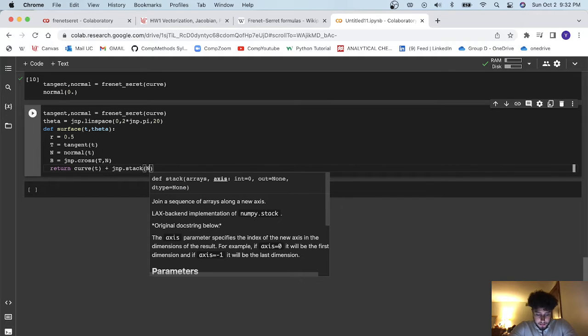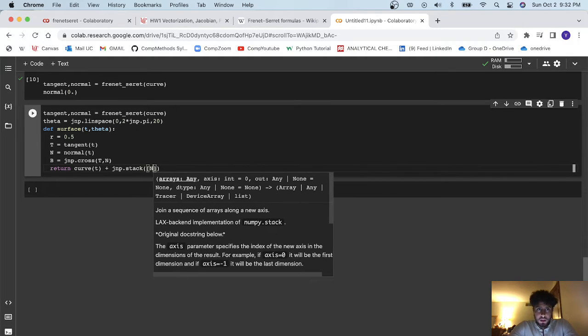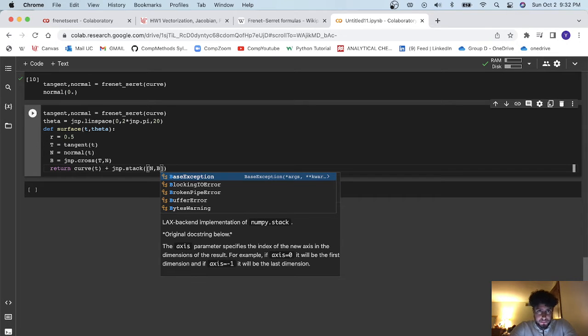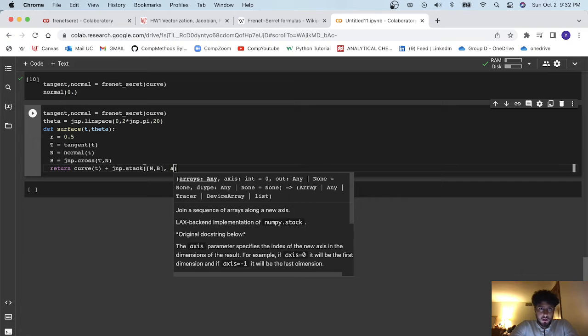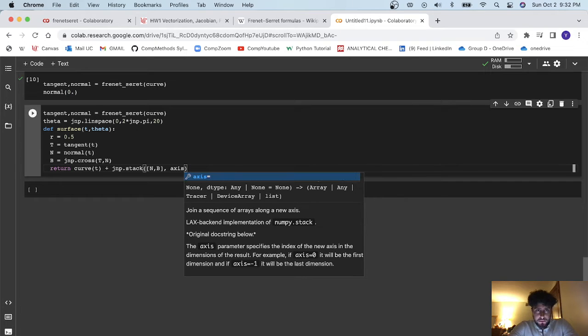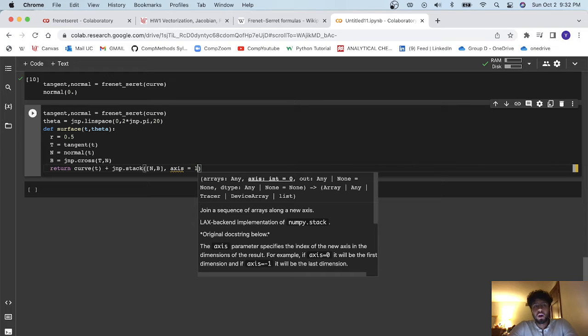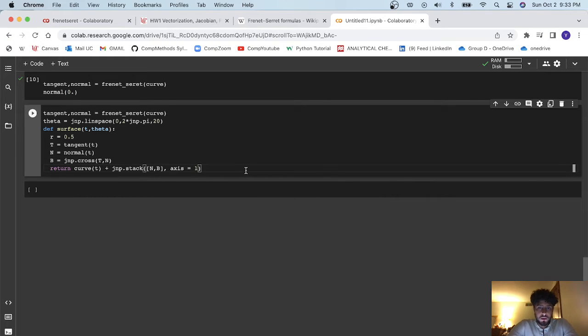So we're going to find n, the normal vector, times the binormal vector, and we're going to do it on the axis. In the axis, we're going to give it a value of 1. Why are we picking the 1? Well, it's because it's going to be on the y-axis, and the y-axis is at 1. If it was the x-axis, it would be 0. So simple enough. Now we're going to multiply it all.